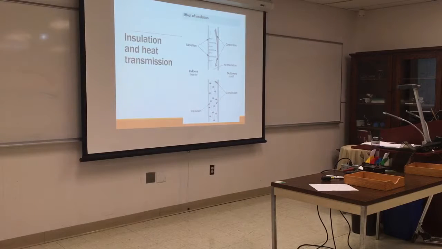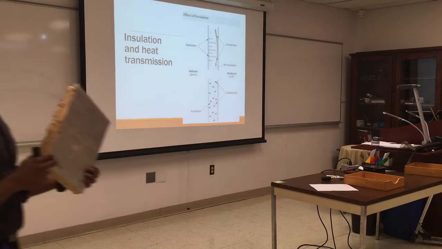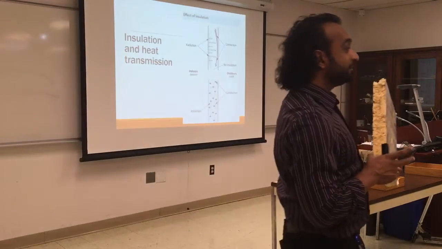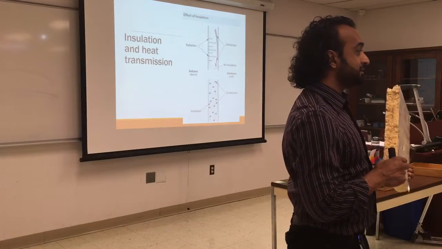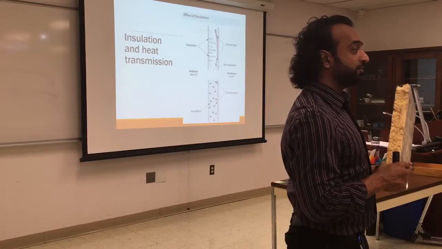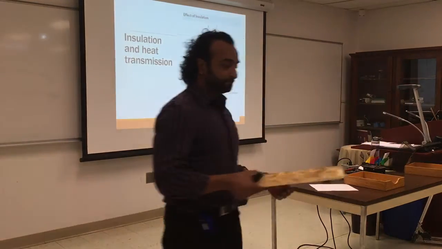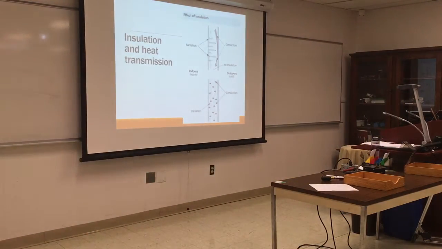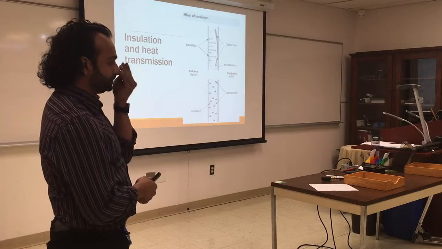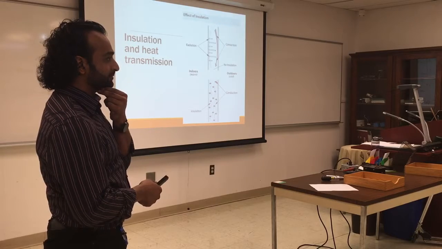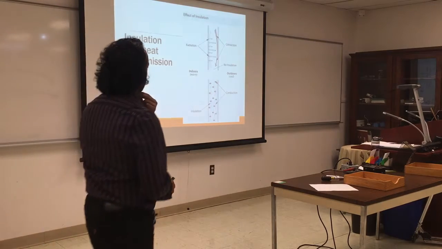So what do you notice about some insulation? So this is insulation. Why is this shiny? It reflects radiation. So this is for radiation. Any reflective surface will help with radiation. All right, any questions so far? Transmission? Yeah. So the radiation is going to cause the insulation to conduct. Is that how I understand it?